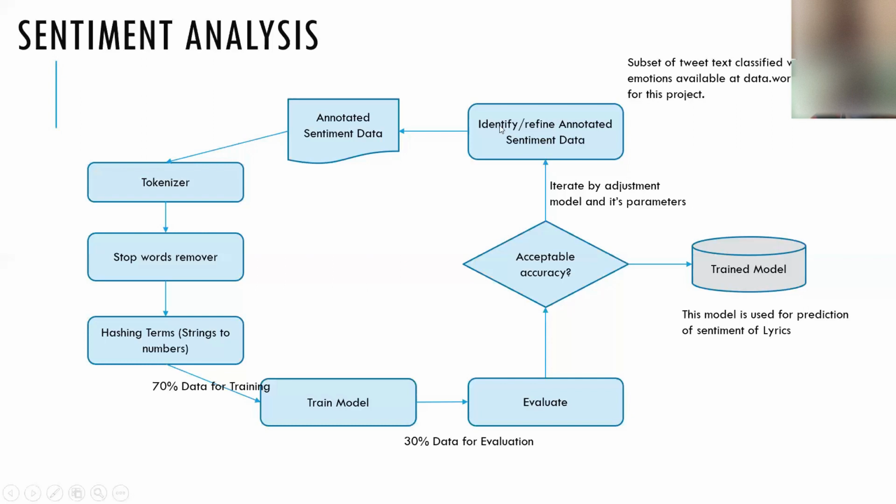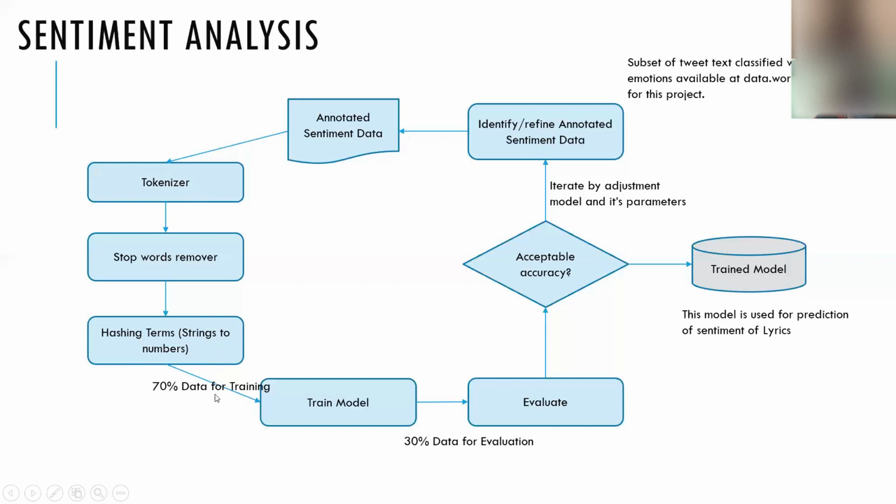Once we have the data, we ran it against the code that we have written in Python, implementing all these steps. It goes through a tokenizer first, then a stop word remover, and then the hashing terms, where each string is converted into numbers identifying each text string.